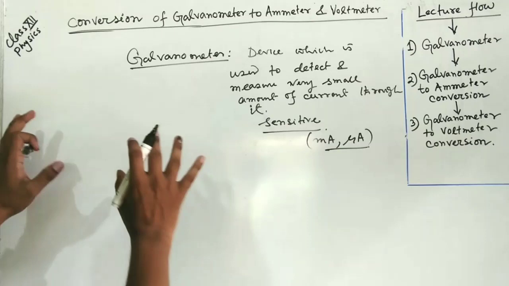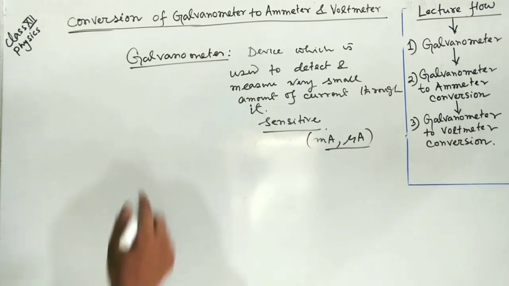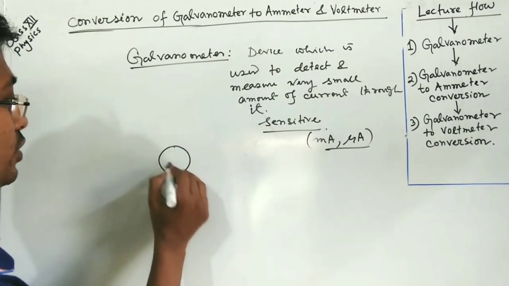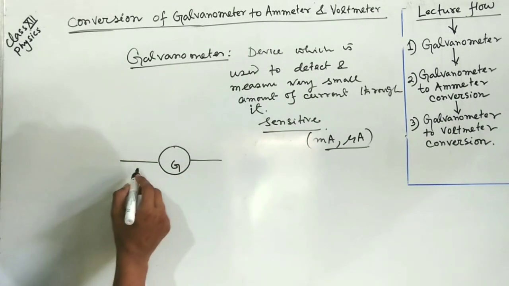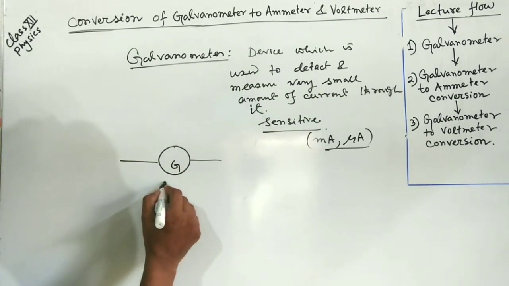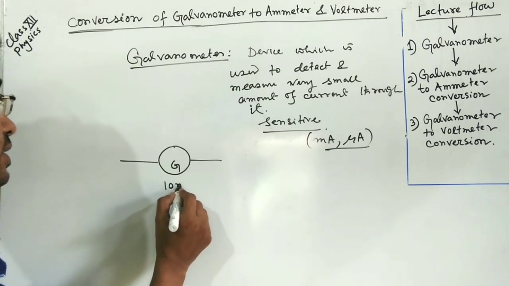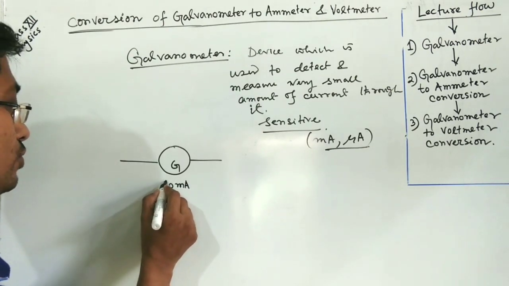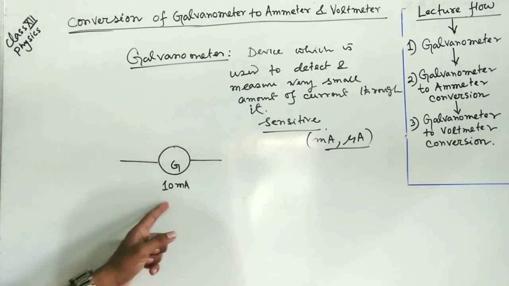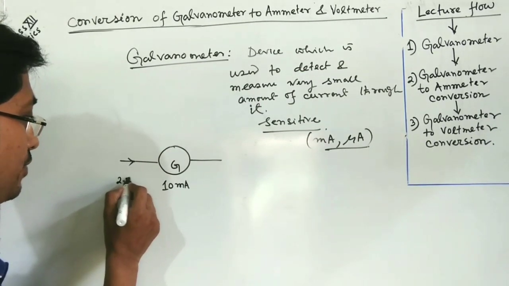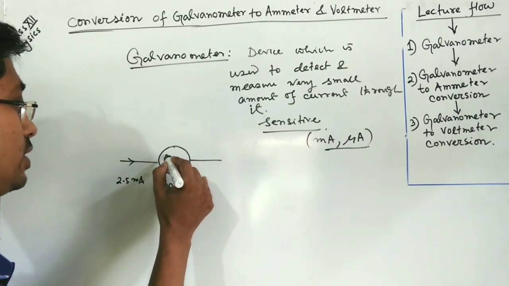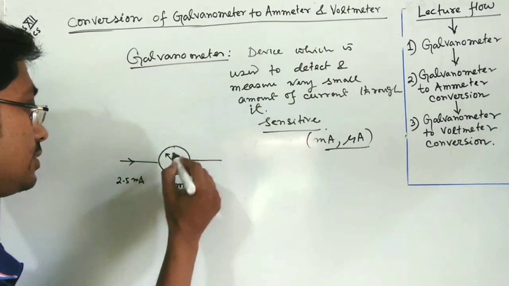Suppose we have taken one example here. So suppose this is the galvanometer, and we have taken 10 milliampere. Suppose maximum current flows through the galvanometer is 10 milliampere. The current flows through it 2.5 milliampere, it will give the deflection like that.